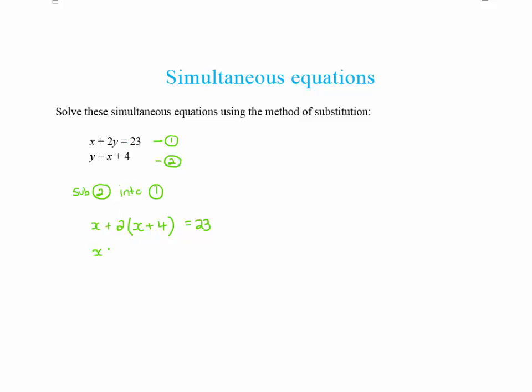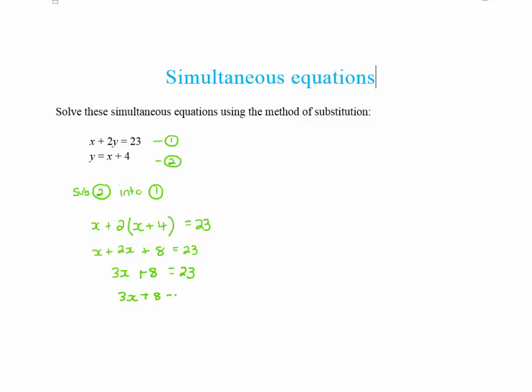So now what I can do is expand the brackets. 2 times x is 2x and 2 times 4 is 8 equals 23. And I've got x plus 2x, so I have 3x plus 8 equals 23. Now I've got plus 8, so I'm going to subtract 8 from both sides.